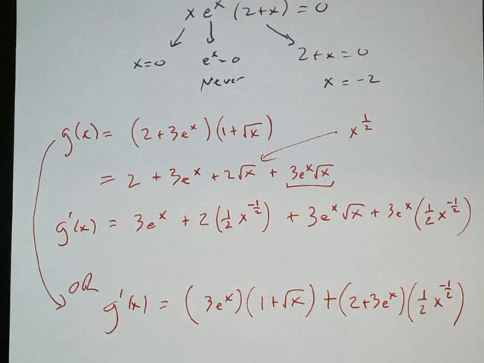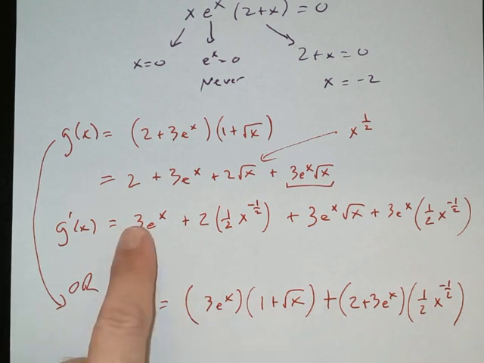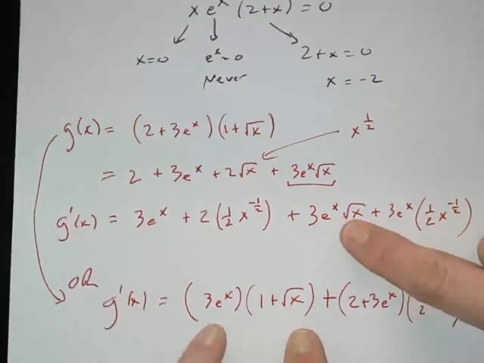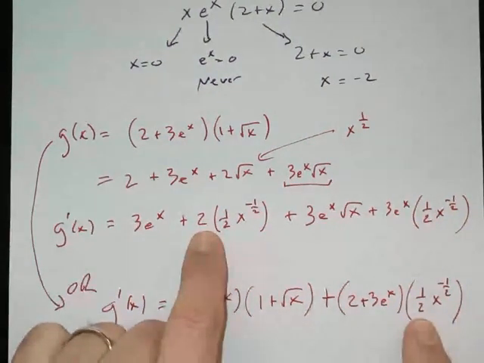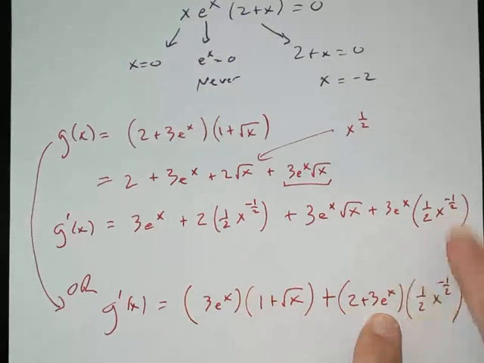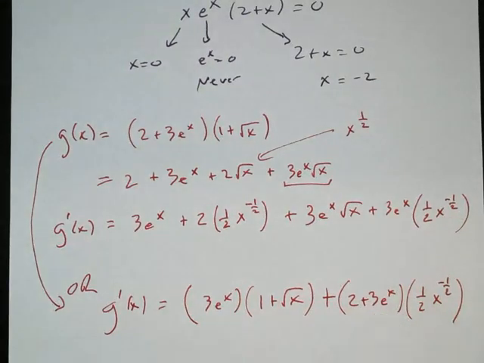Notice I still have 4 terms. 3e to the x times 1. 3e to the x times the square root of x. 2 times 1/2 x to the negative 1/2. And 3e to the x times 1/2 x to the negative 1/2. So I ended up with exactly the same thing.